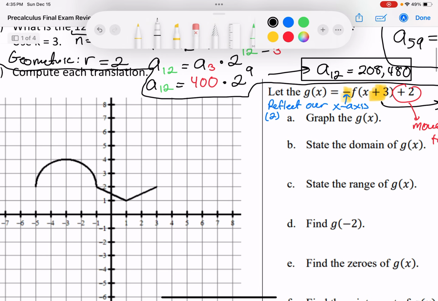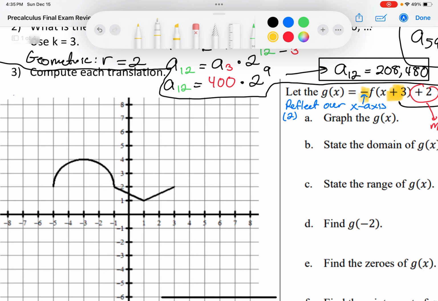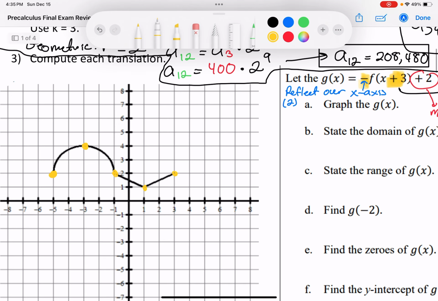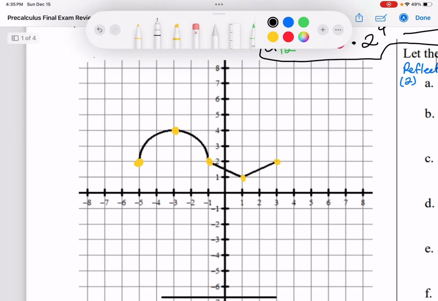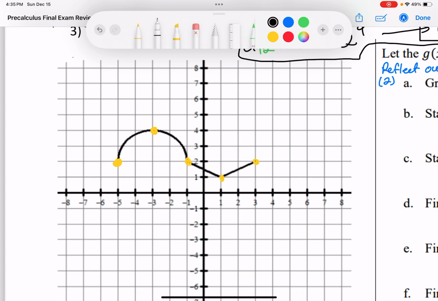And I want to label some points here. So let's label some points in yellow on the graph. Here's a point here, a point here, a point here, a point here, and then a point here. And I'm going to move every point 3 units to the left, reflect it over the x-axis, and move it 2 units up. So for this first point, this is negative 5, 2.